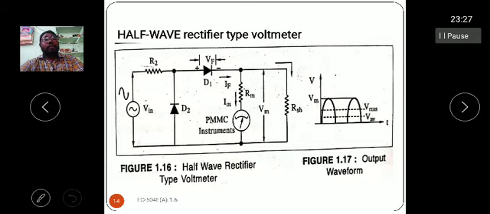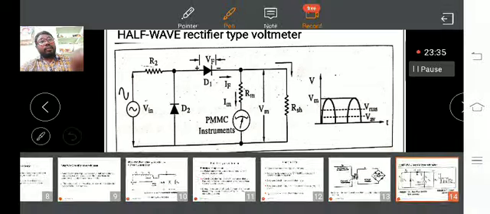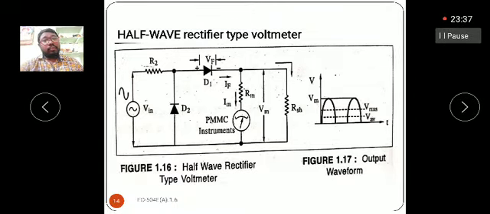And the second one is the half wave rectifier type voltmeter. Its diagram is shown in the above figure. With the pointer, this is the input signal, Vin. The resistance R2 is connected in series with the input signal, diode D2, diode D1, and the PMMC instrument.